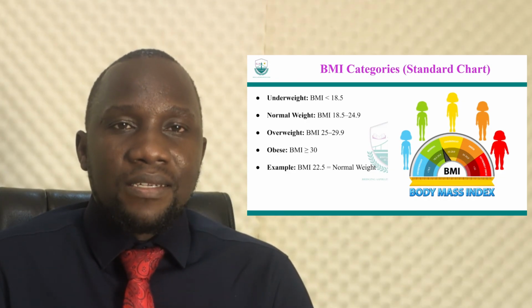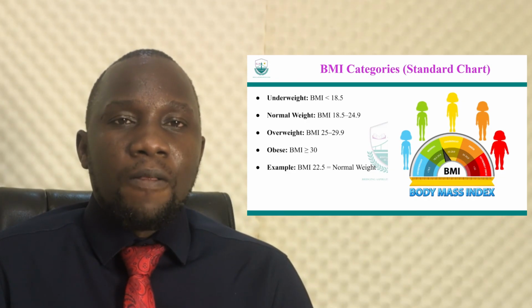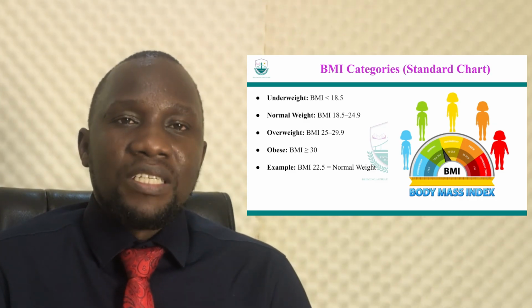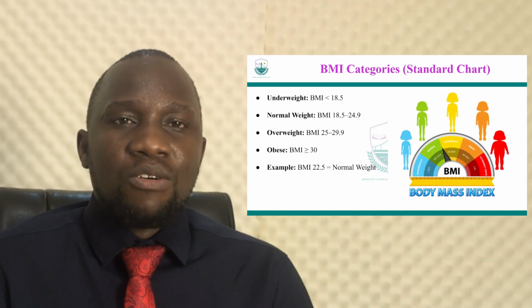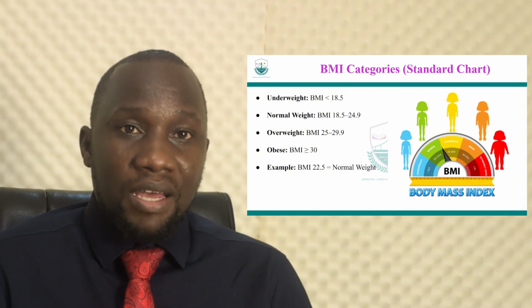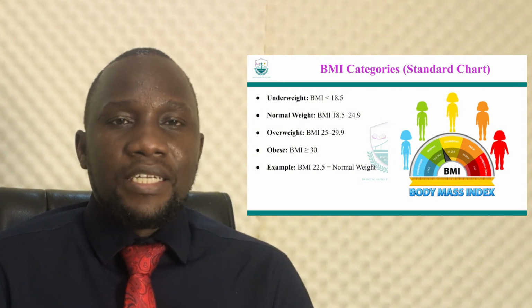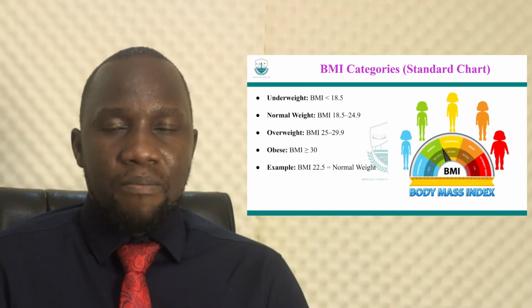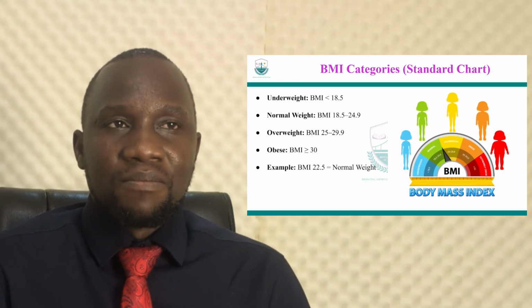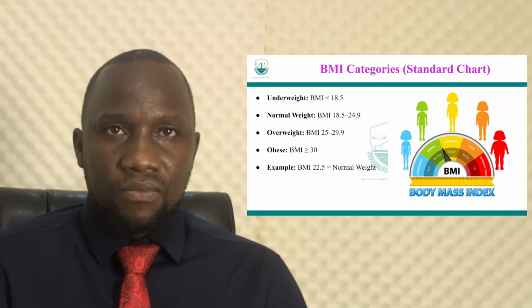A person who has a BMI above 18.5 to 24.9 is within the normal range. A person who is overweight has a BMI of 25 to 29.5. A BMI that is above 30 is obese.